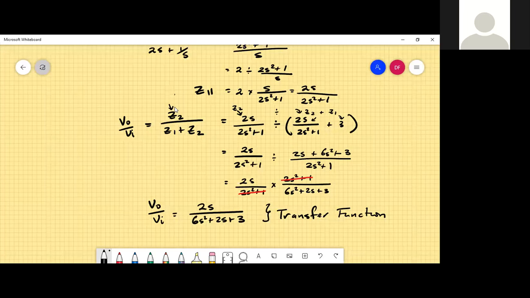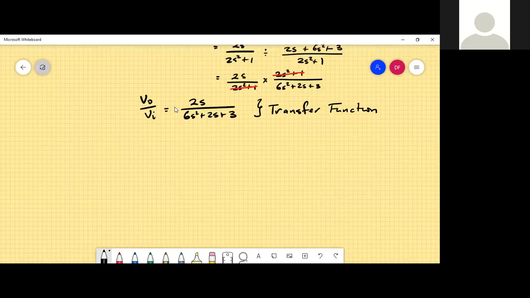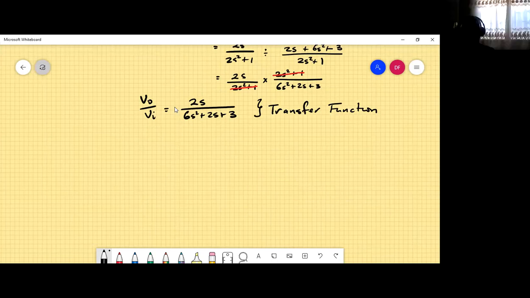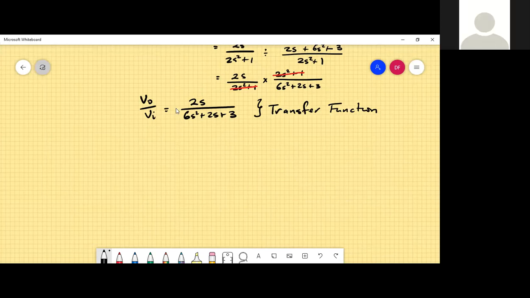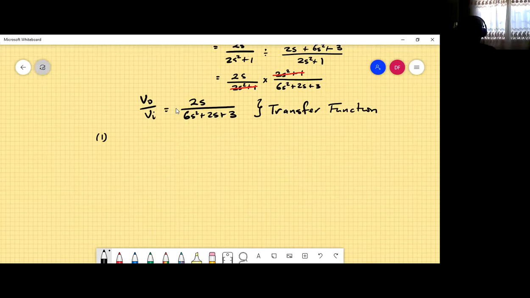What does transfer function mean? Okay, so let me write some questions. I wasn't going to do that, but let me write some questions.